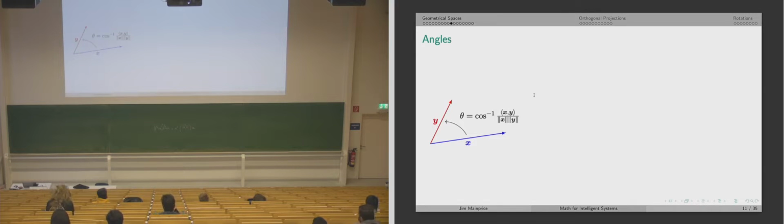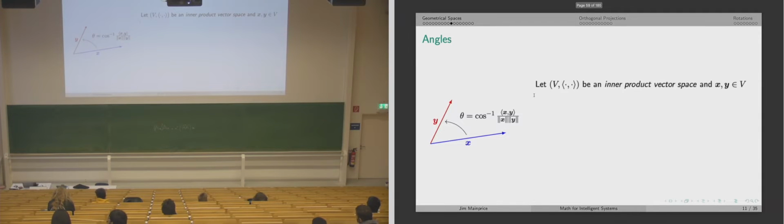We saw this before, so just using the inner product and the norm of the vectors, we can get a notion of angles between vectors. That equation is actually the definition of angles in R2 and Rn.